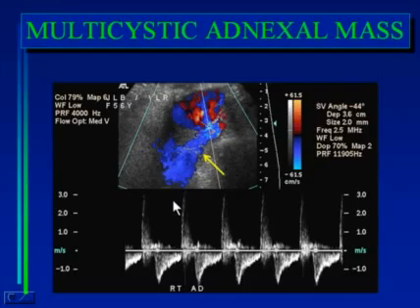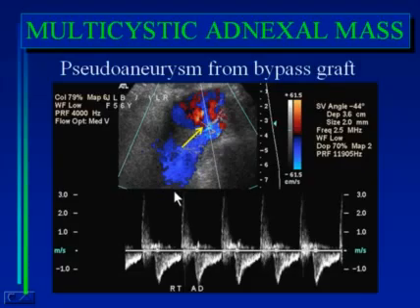And then when you sample from the interface between the cystic area and this vascular structure, you get to and fro flow, just like you might see in the neck of a pseudoaneurysm elsewhere in the body, for example, in the groin status post cardiac catheterization. And in fact, this is a pseudoaneurysm. The linear structure is a bypass graft, and this is a pseudoaneurysm originating from the bypass graft.